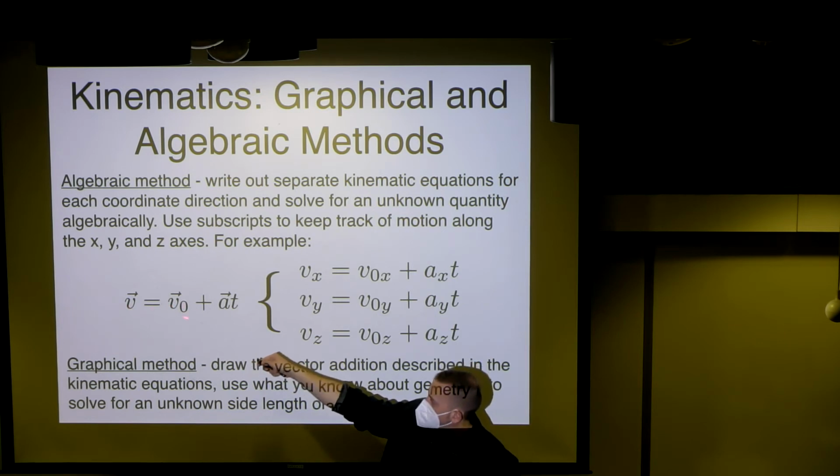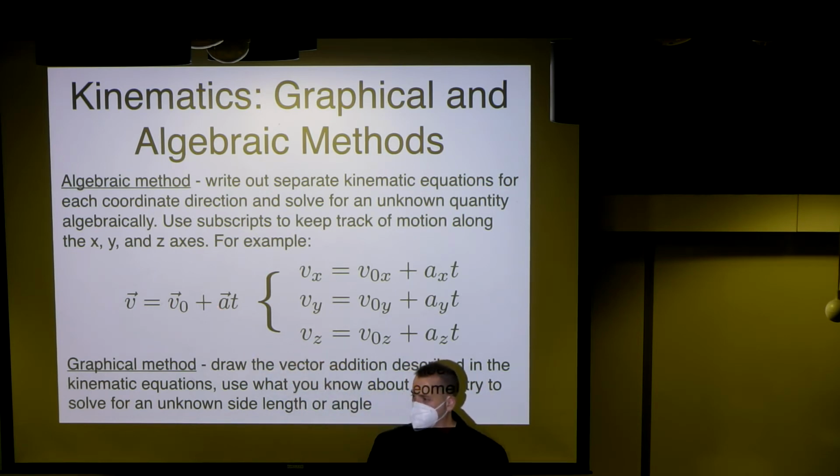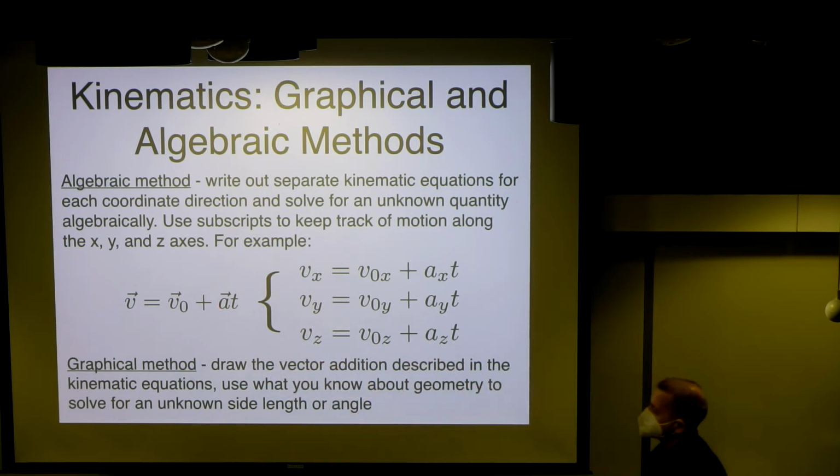It's telling me to add the initial velocity vector to this vector and then get my final velocity out as a result. So I can make a diagram of that vector addition. And if I draw the diagram, I might be able to use geometry to solve the problem, right? Let me show you an example of how that would work, using the same equation.